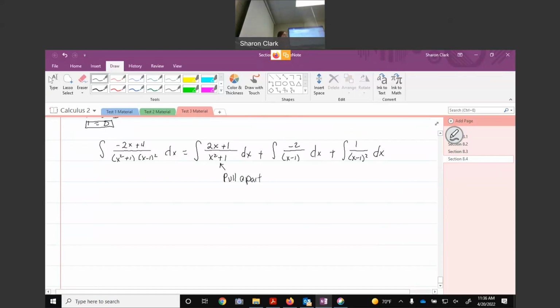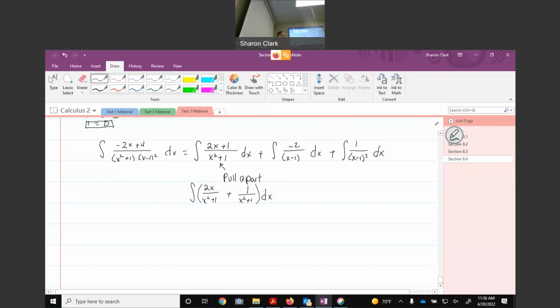Because if I let u equal x squared plus 1, then du is equal to 2x. 2x plus 1. So we're going to write this as the integral of 2x over x squared plus 1 dx. Well, let me put in the extra step. Plus 1 over x squared plus 1 dx. That's a fraction problem.